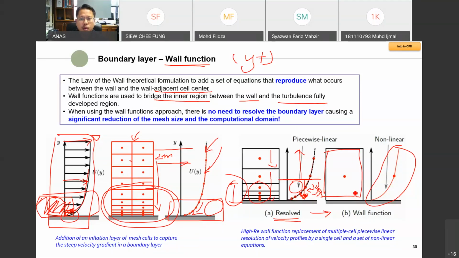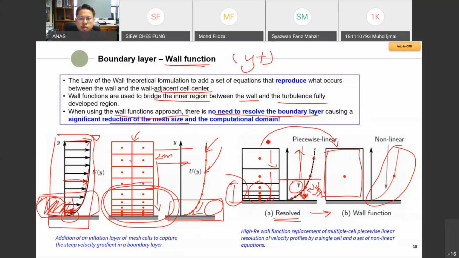Just to show you how the wall function is imposed, from here we can get just one element. So when using the wall function approach, there is no need to resolve the boundary layer, causing a significant reduction of the mesh size and the computational domain. That's the purpose of the wall function.